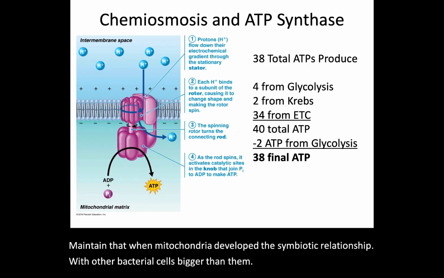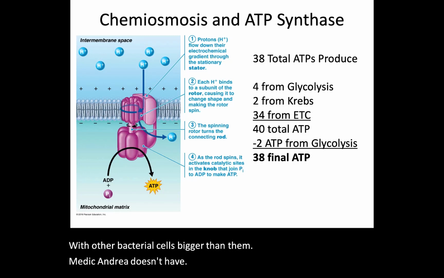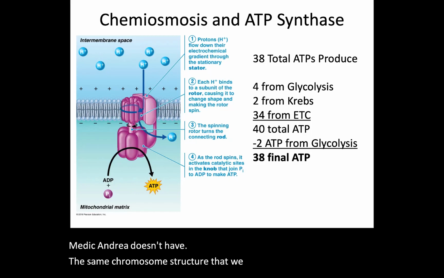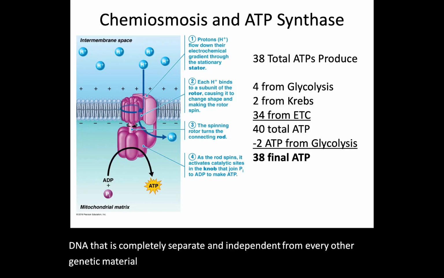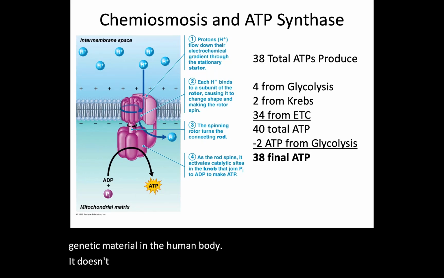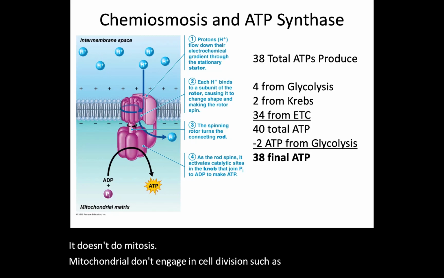Mitochondria doesn't have the same chromosomal structure that we do. In fact, they've got circular DNA that is completely separate and independent from every other genetic material in the human body. It doesn't do mitosis. Mitochondria don't engage in cell division such as mitosis.